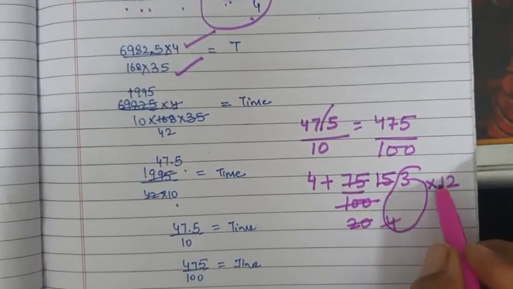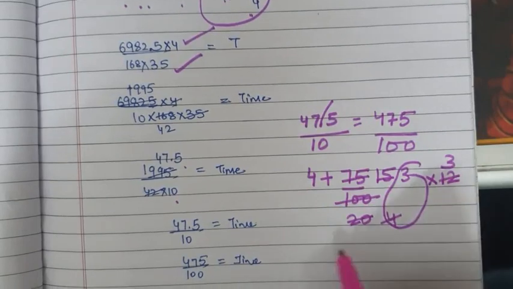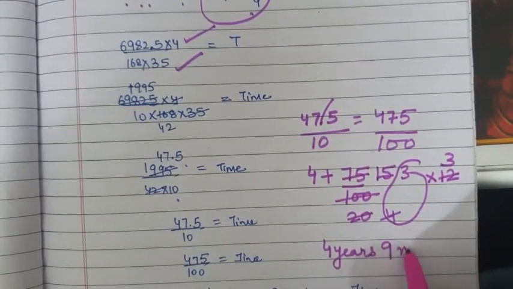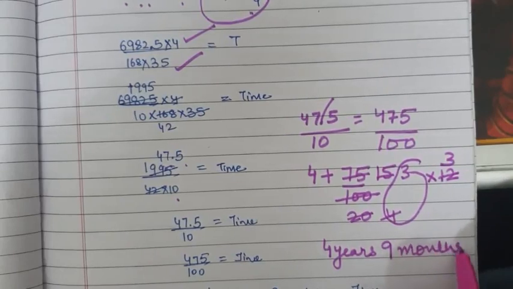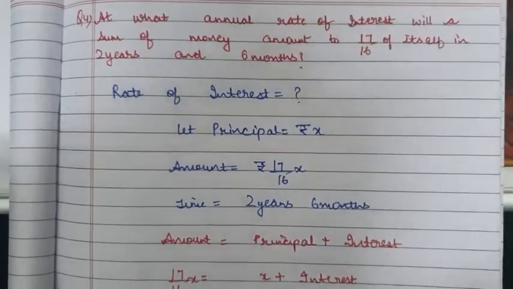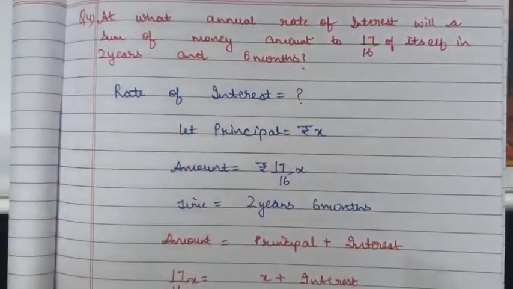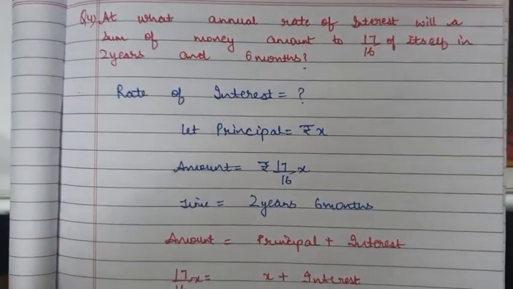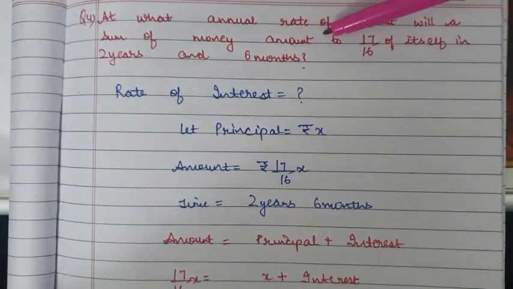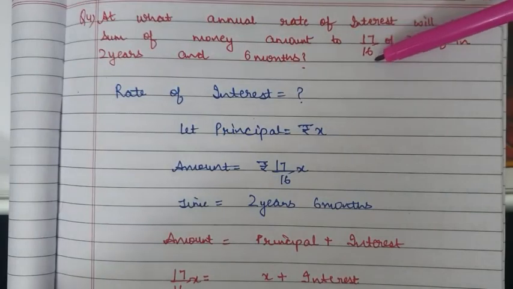What we get? 3, that is 4 years, 9 months. Clear, children?